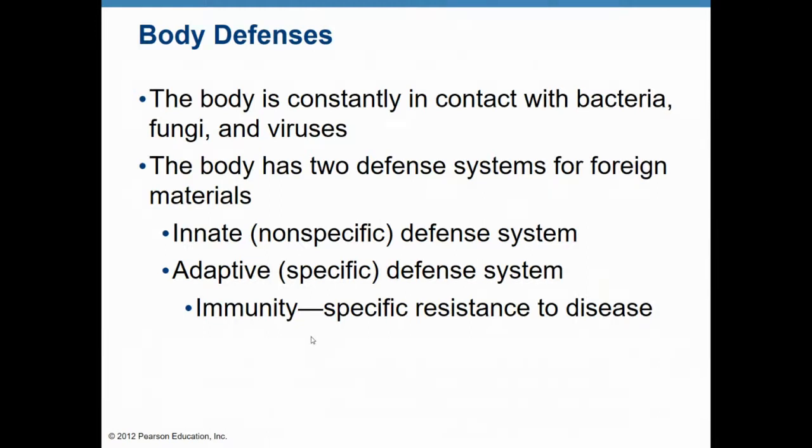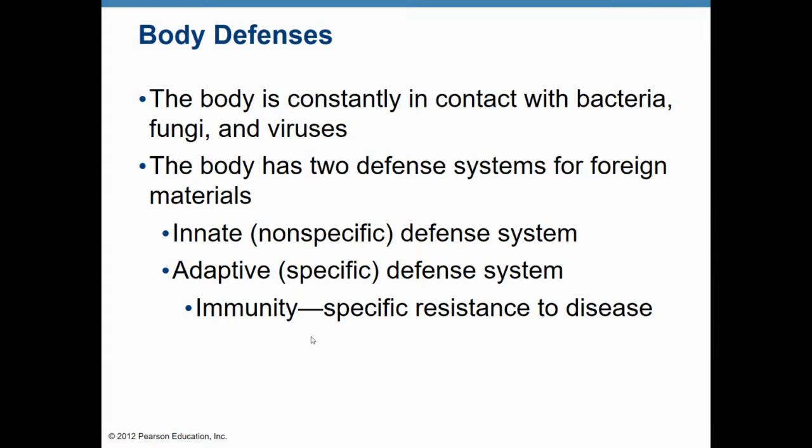Now, our body is constantly in contact with bacteria and fungi and viruses. Our skin is colonized. We have bacteria growing on our skin. We have viruses. We have fungal spores. And our skin is really a great barrier that prevents those things from being able to actually enter our deeper tissues.